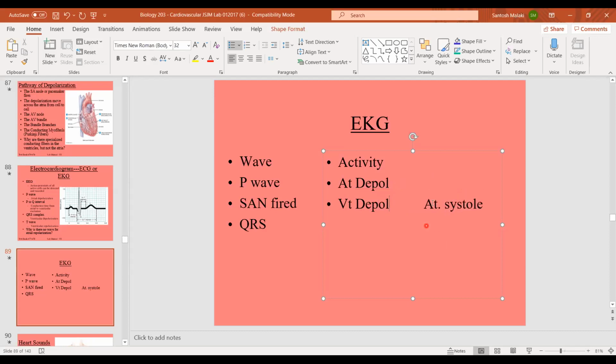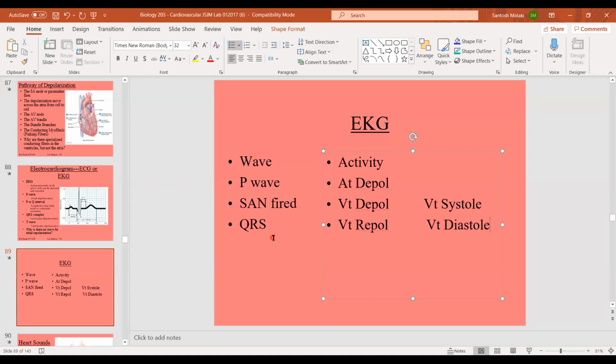And this ventricular depolarization is now corresponding to the ventricle contracting. So what do we call that? Ventricular systole. And then followed by that is your T wave, which is ventricular repolarization. And repolarization is nothing but the relaxation of the ventricle, so we call it ventricular diastole. So it's ventricular diastole. Okay.